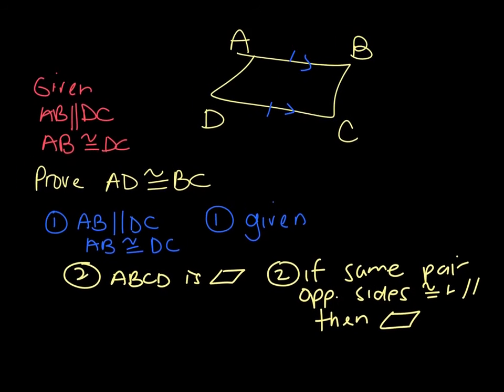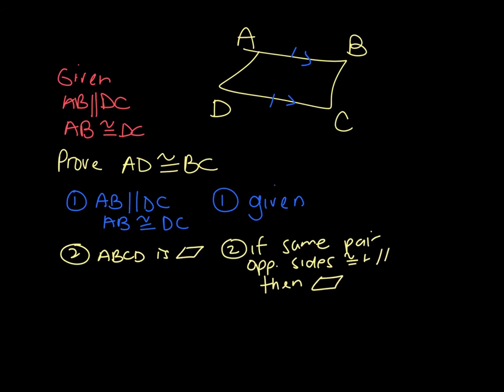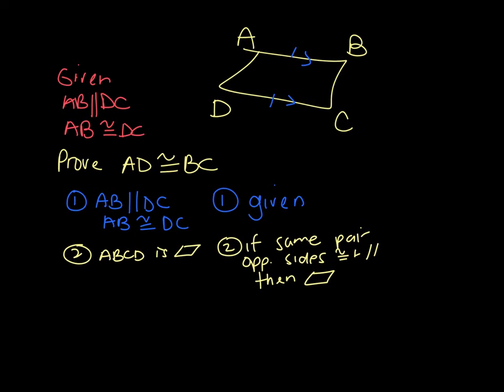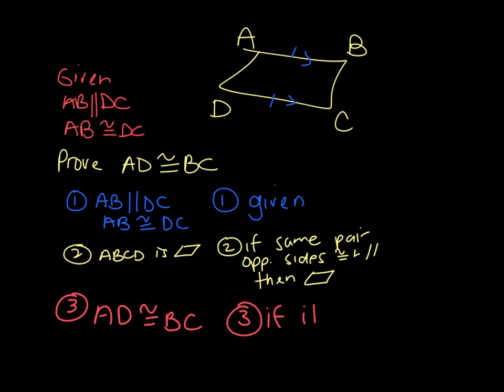Okay, now if it's a parallelogram, do I know that the opposite sides are congruent? Yeah, so I can go straight to the prove, AD is congruent to BC, because if it's a parallelogram, opposite sides are congruent.